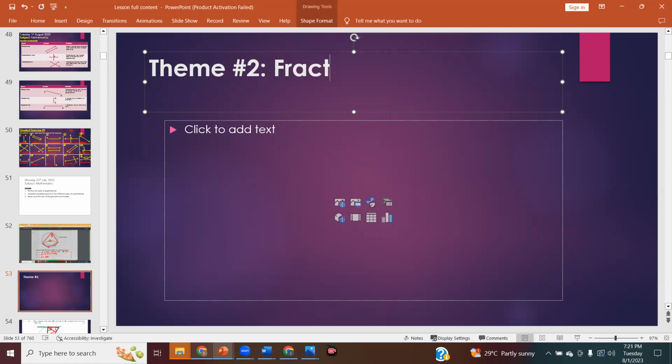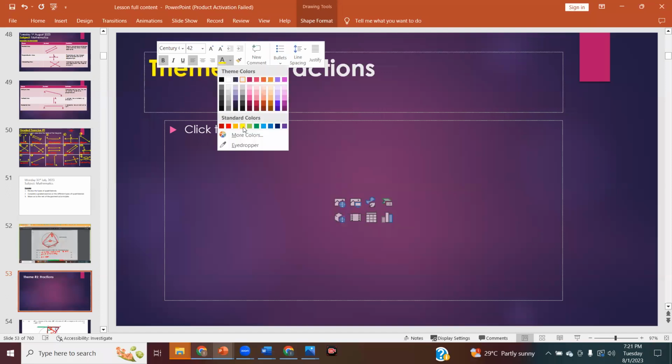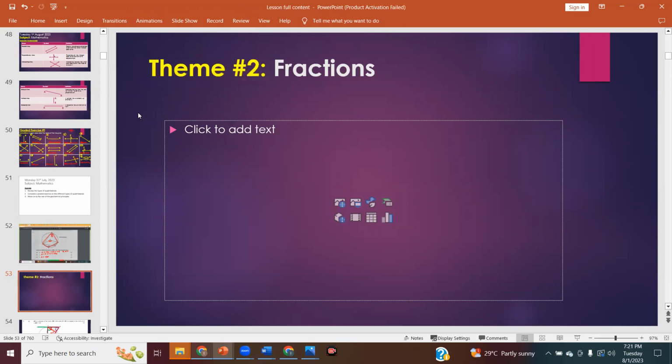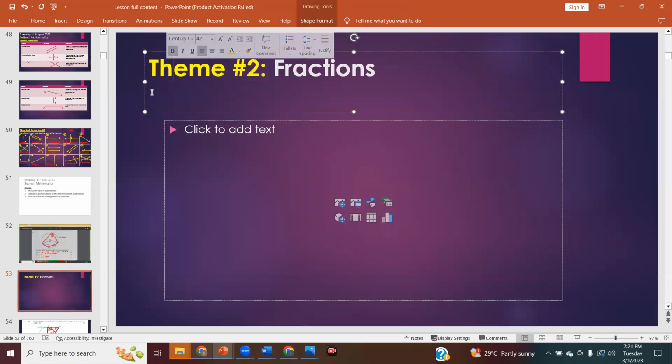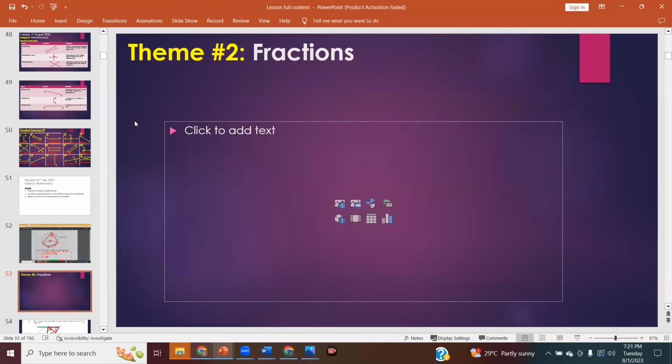I want to do a big series on fractions because a lot of persons are afraid of fractions. You don't have to be afraid of fractions. Fractions should be a friend. We're going to look at how to deal with fractions, how to add them, how to multiply them, all of that.